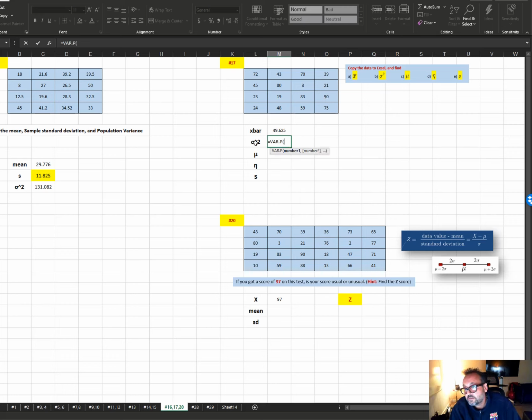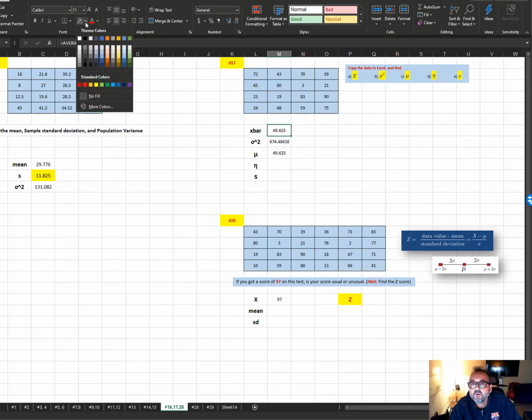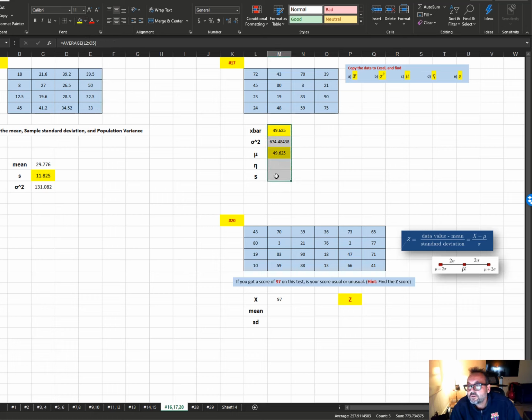You have to know what these symbols mean. Mu, again, average. It doesn't make a difference for mu and x bar. Of course, it's going to be the same value.